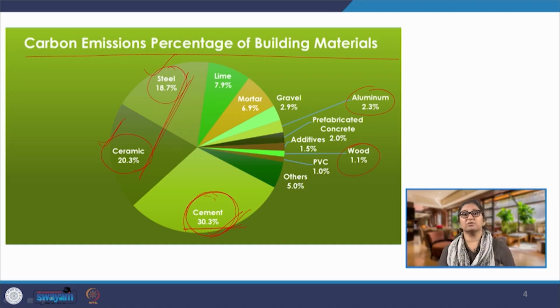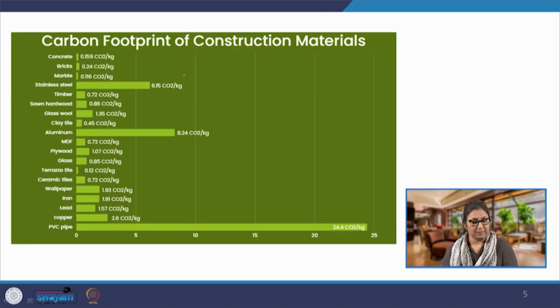And whatever amount of cement is used, if it has lesser intensity, that will overall reduce the emission intensity of buildings. Now, coming to the construction materials, we can clearly see that the materials which have a very high carbon footprint, emission intensity, are the ones which are manufactured in industries.